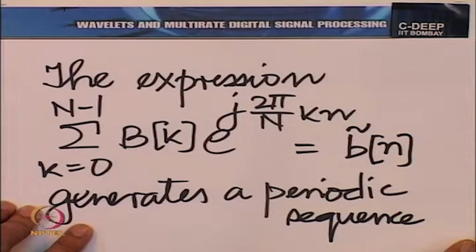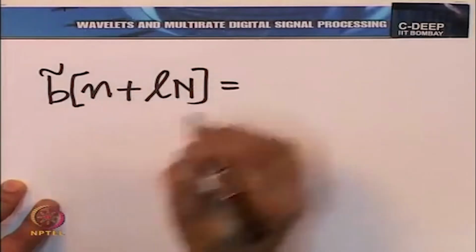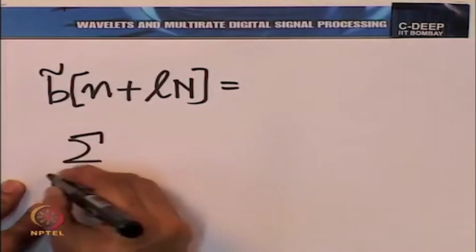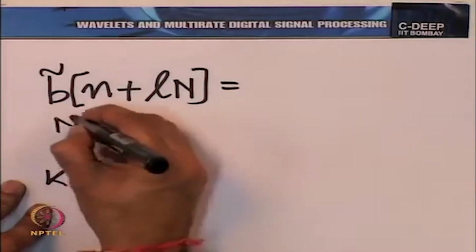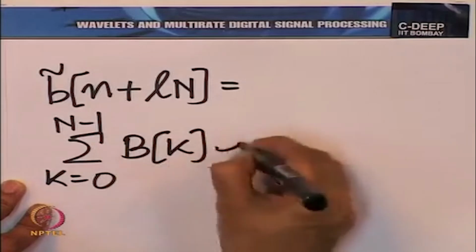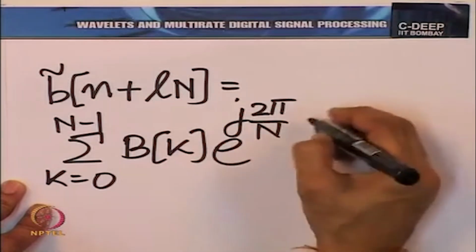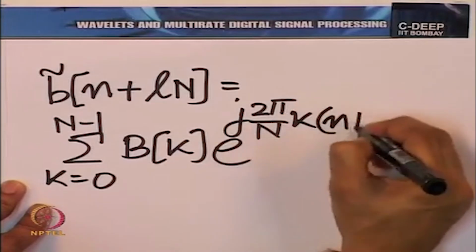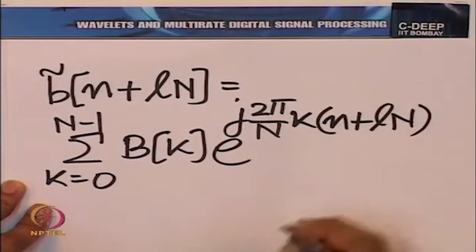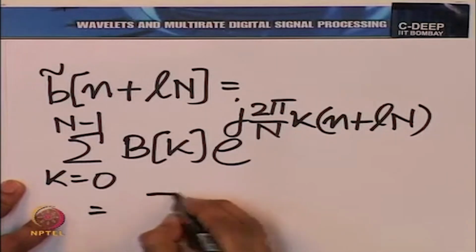It is very clear that b tilde n plus L times capital N is essentially the summation k going from 0 to capital N minus 1 of b k e raised to the power j 2 pi by capital N k times n plus L times capital N, and this can be simplified.